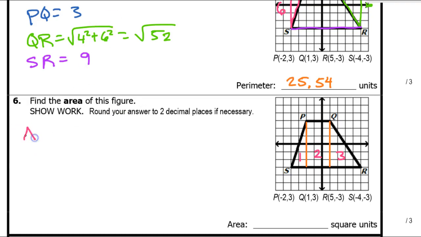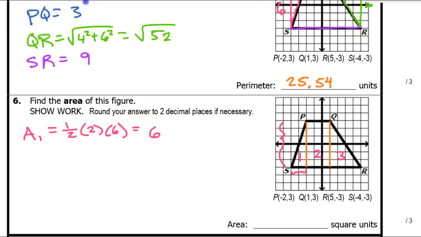Area number 1 is a triangle, so that's 1/2 base times height. The base is 2, because this is the base right here. And the height is this orange line, so that's 6. So that's 1/2 base times height. 2 times 6 is 12. Half of that is 6. So area 1 is 6.